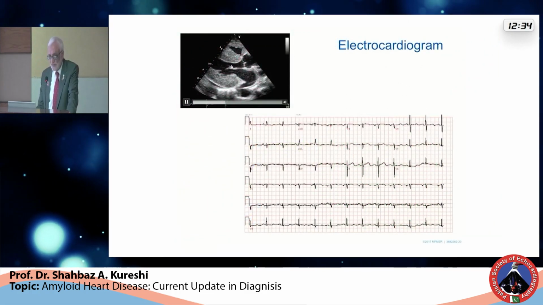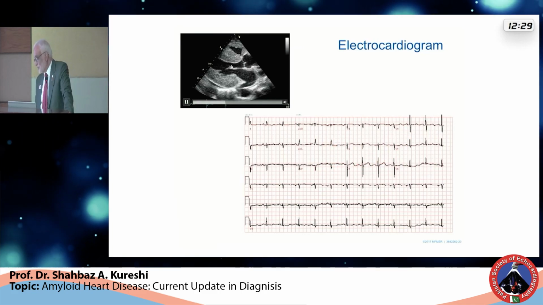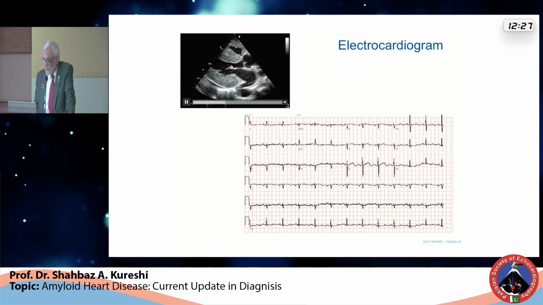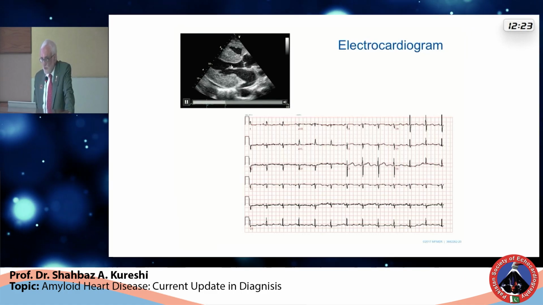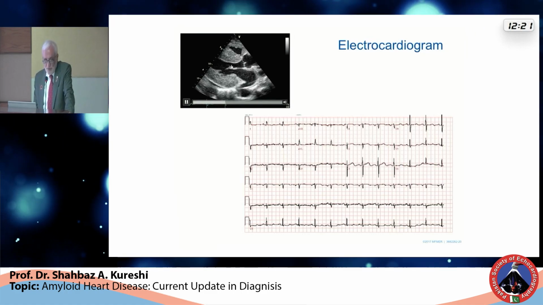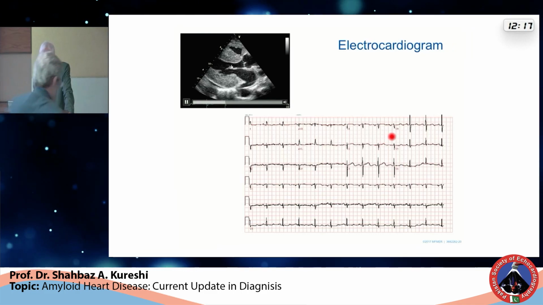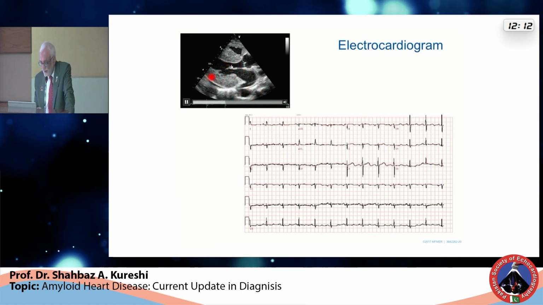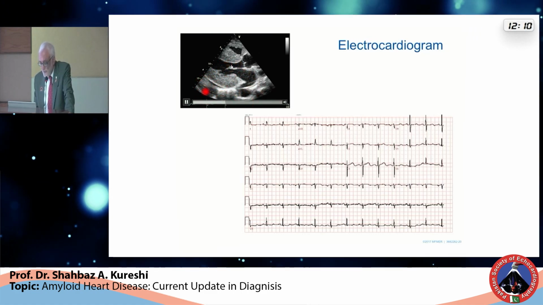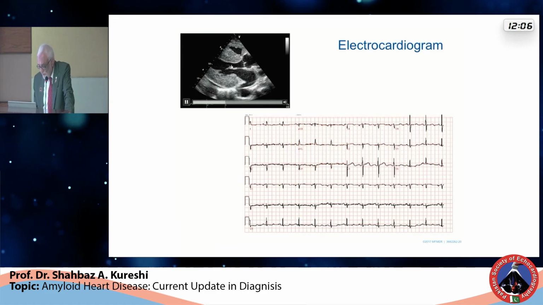Normally, if you look at the electrocardiogram, you will find that the voltage is low. Normally, with left ventricular hypertrophy, the ECG should also show you LVH. But in amyloidosis, even though the left ventricle is very thick, and there is a pericardial effusion and a possible pleural effusion, the electrocardiogram is low voltage.